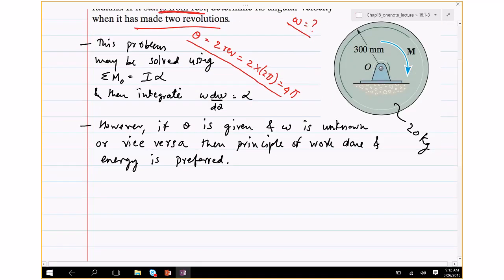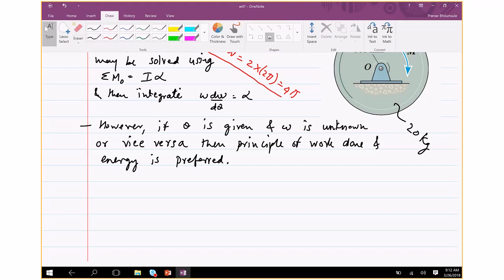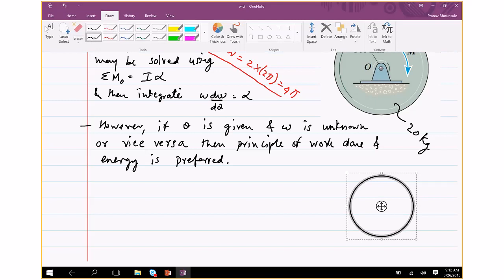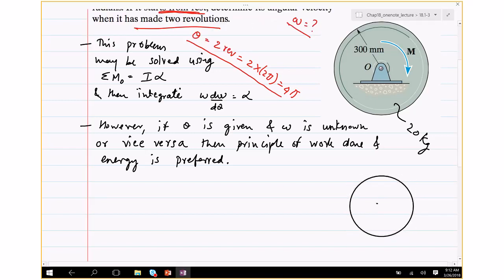Okay, so as I said, let's draw the free body diagram, just because one, you get points for that, and the other thing is, by drawing the free body diagram, you're sure that you don't miss out on any forces. So clearly there is mg. Since it's a pin joint, it will have a vertical force, a horizontal force, and then there is moment M. So this is the FBD.